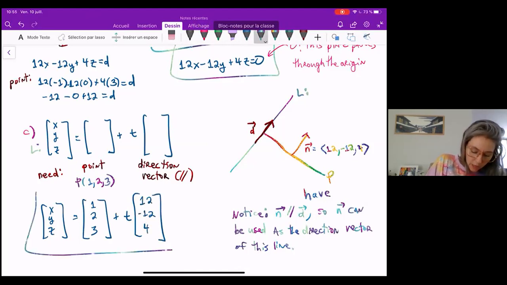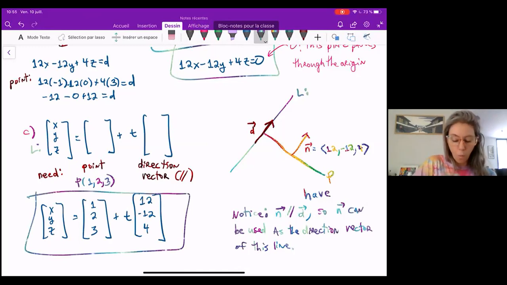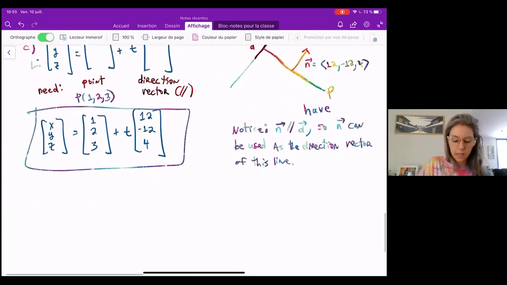Okay, so the only thing that we didn't use in this session today was this formula right here.